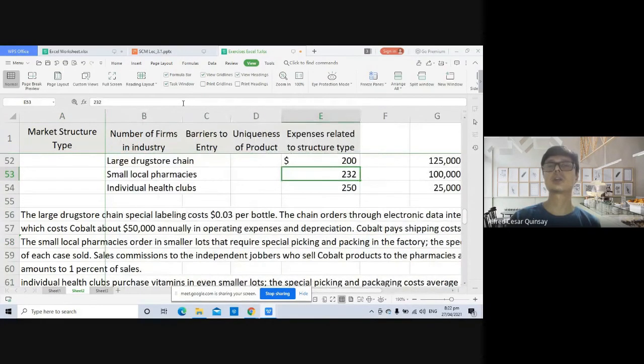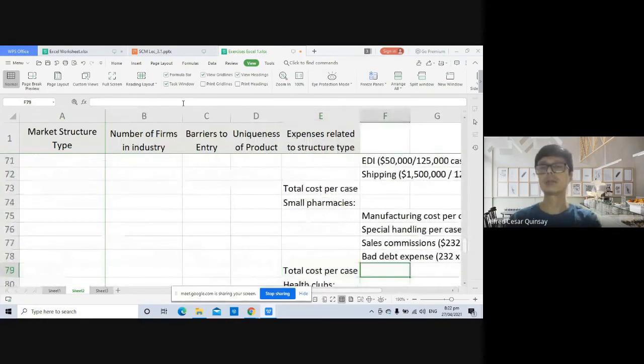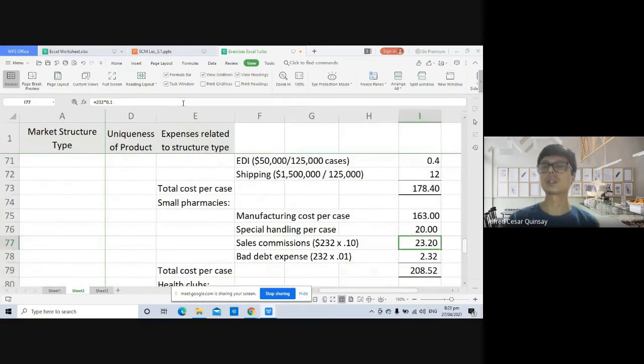Yun, 232. So, 232 times 0.10, so 23.20. So, yung budget expense is 232 kasi ito yung selling price, times 10%, so 2.32. So doon na lang sila nagbase. So a total cost per case of 208.52. So idagdag mo lang 'yan.